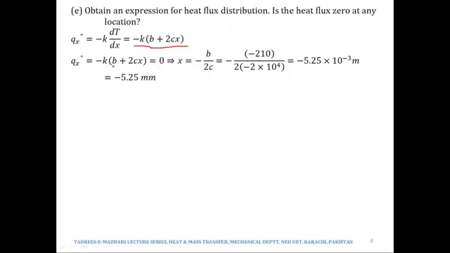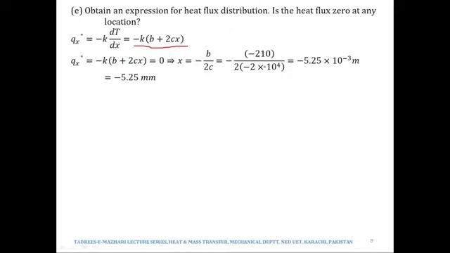K is 5, B is given, C is given. Because 0 upon k would become 0, we will be left with B plus 2Cx as 0. And when B plus 2Cx is 0, therefore x would be equal to minus B upon 2C.